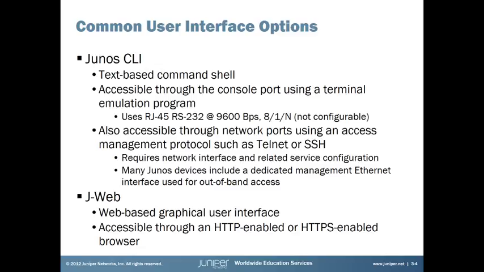So when we're accessing a device through an interface that is not used for transit traffic, that's out-of-band. That's just the name for it. I don't know why it's called out-of-band, it's just called out-of-band. On some Juniper devices, they have another interface that is not used for anything other than putting an IP address on it that you're going to use to connect to the device. So you'll configure it up, you'll SSH into that interface, and that's the only thing you ever use that interface for.